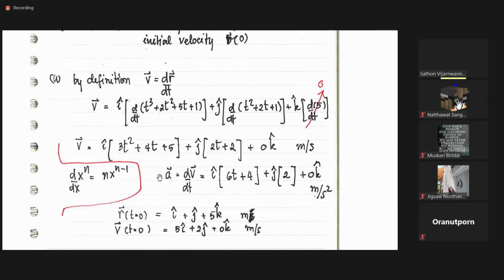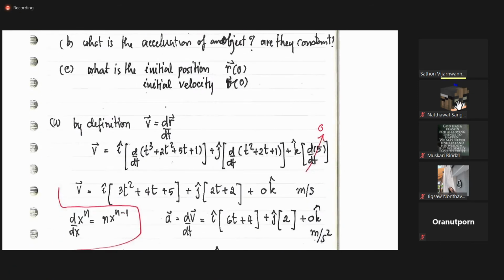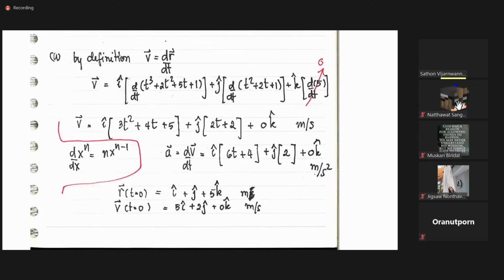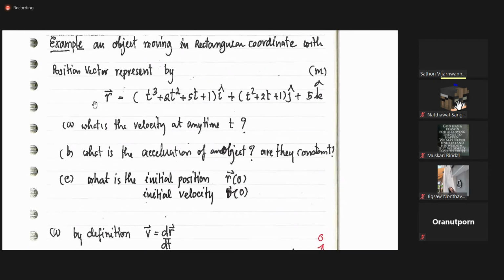So the object is also not moving with constant acceleration. In that case, the next question asks, what is the initial position and initial velocity? So we take the position and substitute t equal to 0. You see that when t equal to 0, r equal to 1i plus 1j plus 5k.